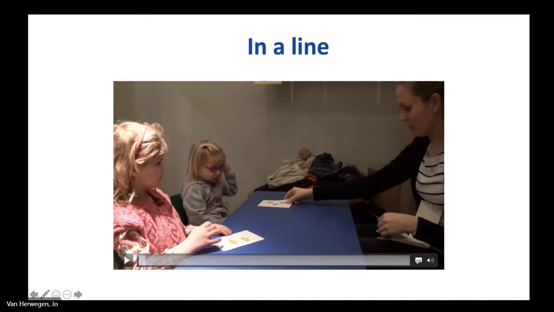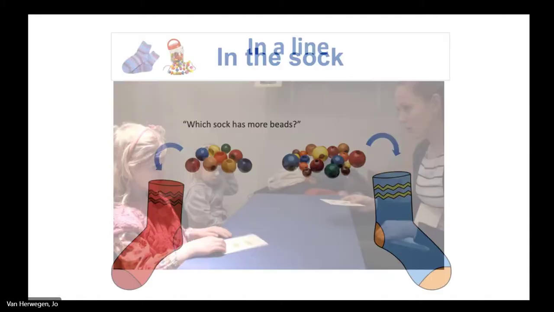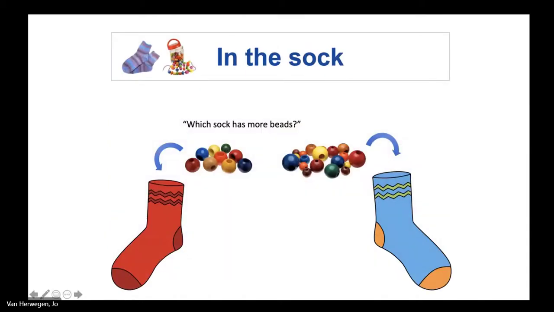And Clem at the beginning, at some point, put the number on the wrong side of her number line and then corrected herself. And this was very early on when we started to play these games, and they became really good at developing an understanding of fewer items go towards the left, more items towards the right, and just developing that number line there. Another game that we played is called In Sock.